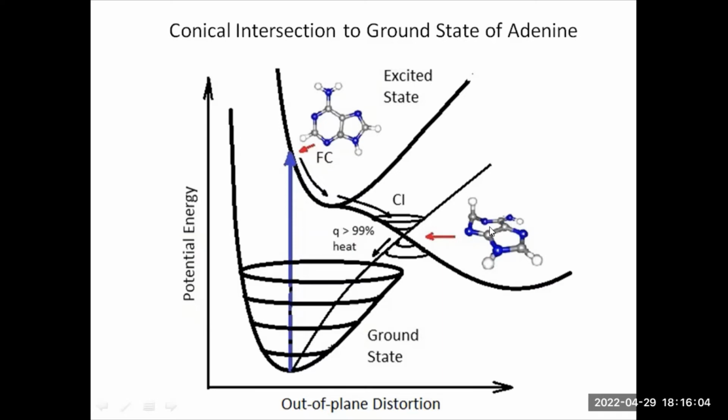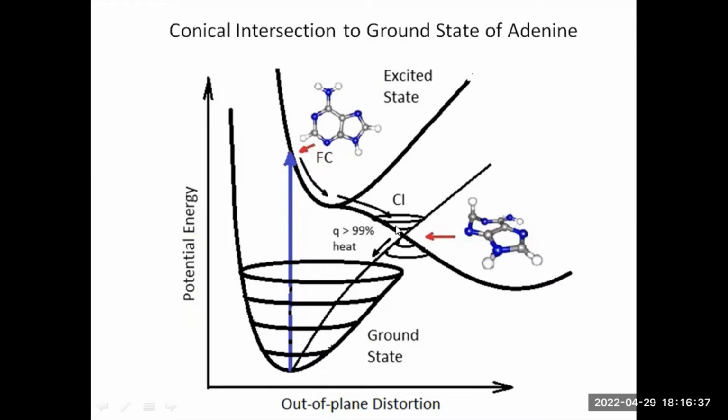So this is not really the Franck-Condon principle. This is called the Franck-Condon region, where the molecule still has the same form as the molecule in the ground state, but very quickly it can deform itself, go out of plane, and this provides it with a new set of vibrational excited states on the first electronic excited state, which connect in energy with the vibrational states on the ground state.